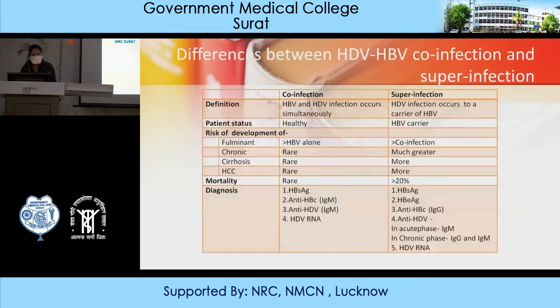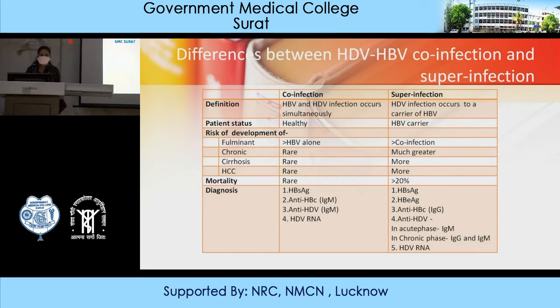Difference between hepatitis D virus and hepatitis B virus co-infection and superinfection. So in definition, if we look at it, hepatitis B and D infection occurs simultaneously, while in superinfection, hepatitis D virus infection occurs in a carrier of hepatitis B virus infection. Patient status in co-infection is healthy, while in superinfection, it is a hepatitis B virus carrier.